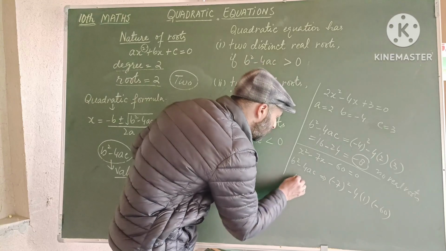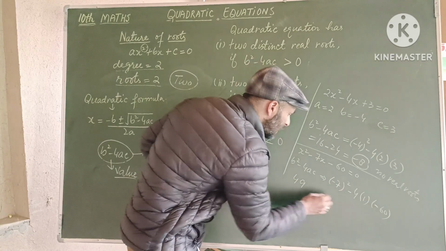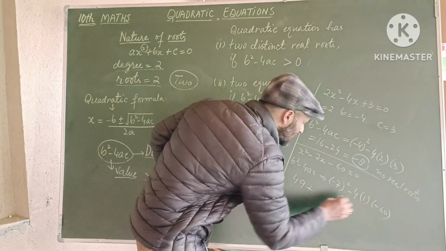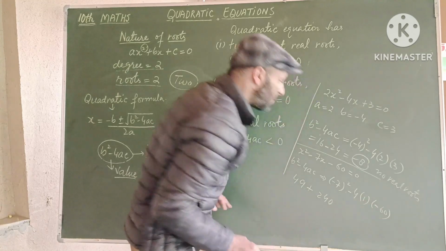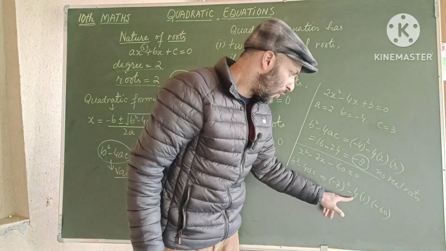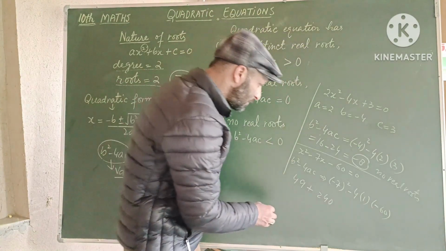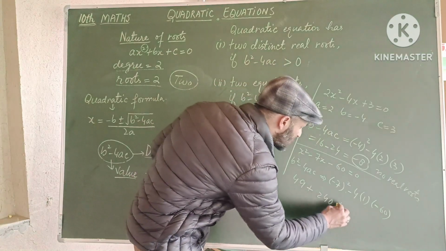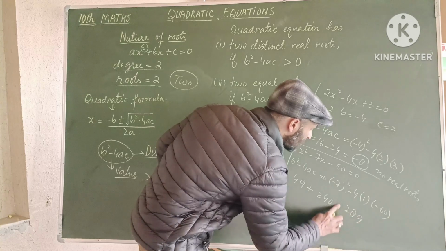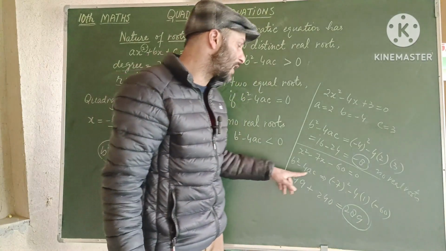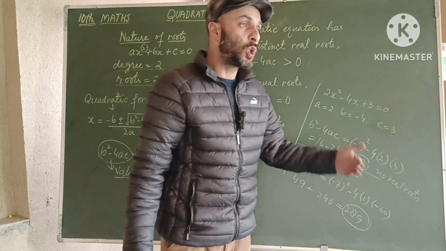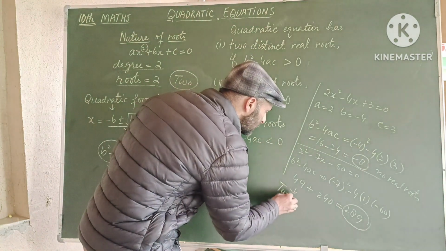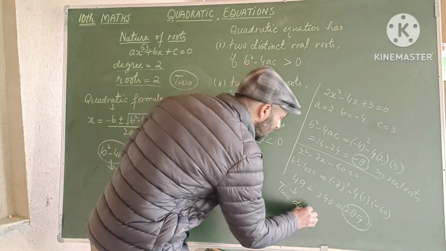Minus 7 square is 49, and minus into minus is plus, 4 into 60 is 240. Adding 49 plus 240 gives 289. So b square minus 4ac is equal to 289, which is greater than 0, therefore there are two distinct real roots.